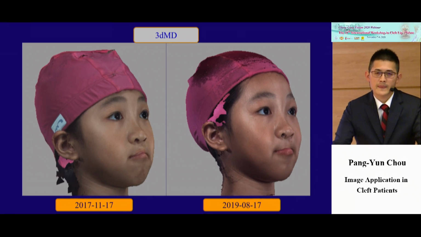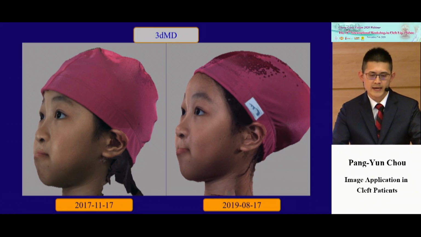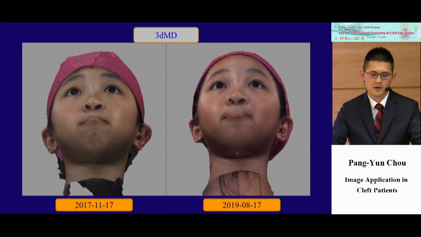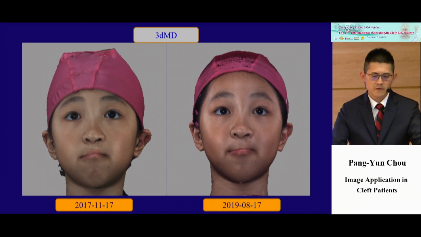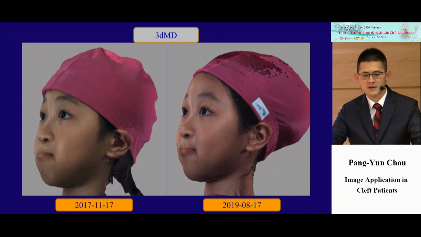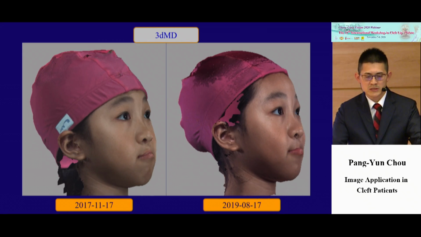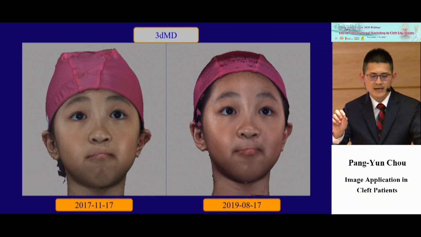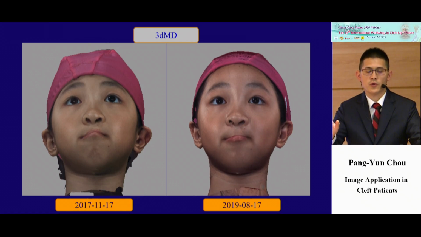The next one is the 3D MD photograph, and you can look at the different sides of the girl. This is a typical unilateral cleft lip and palate, before the alveolar bone grafting and after alveolar bone grafting. Using the 3D MD modality image, you can easily differentiate whether the mid-face fullness is obtained or not.